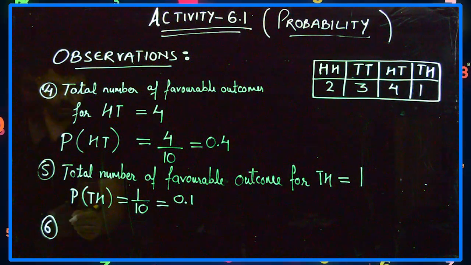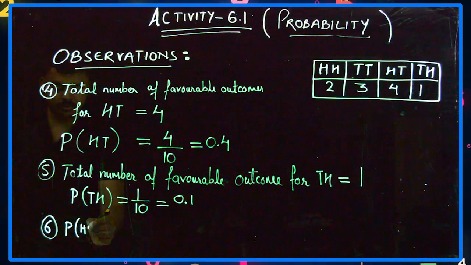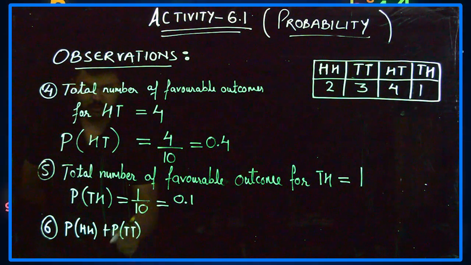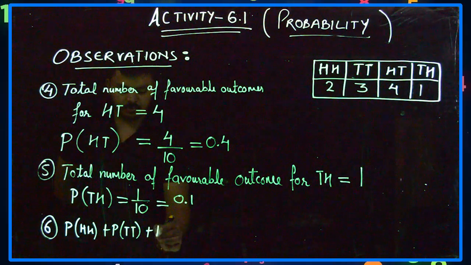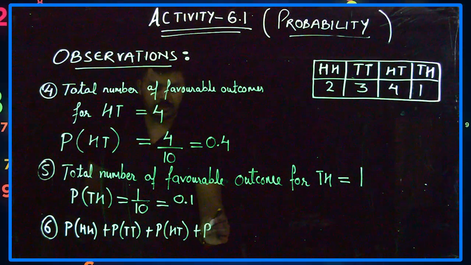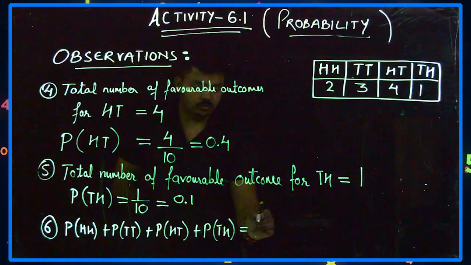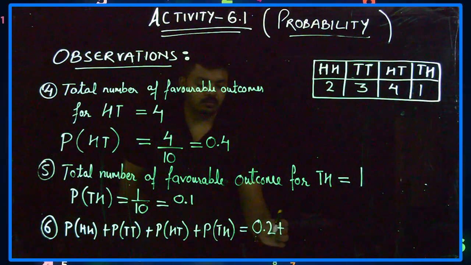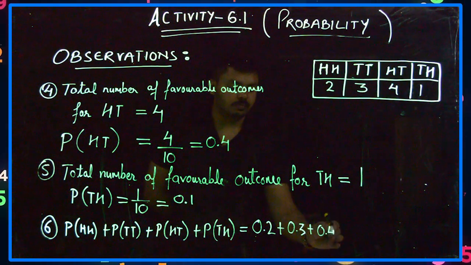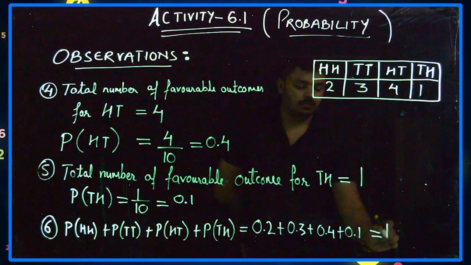In step 6, when we add the probability of all the favorable outcomes, that is P(HH) plus P(TT) plus probability of head tail plus probability of tail head, 0.2 plus 0.3 plus 0.4 plus 0.1, it will always be equal to 1.